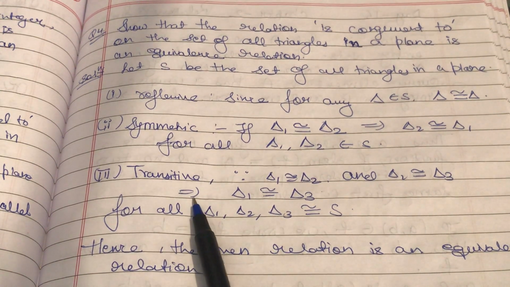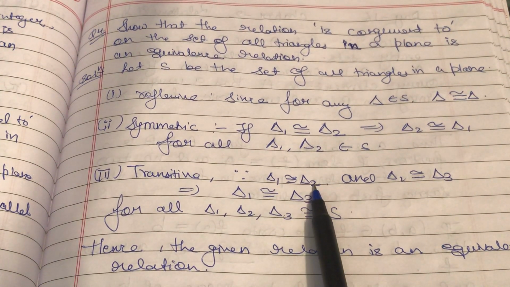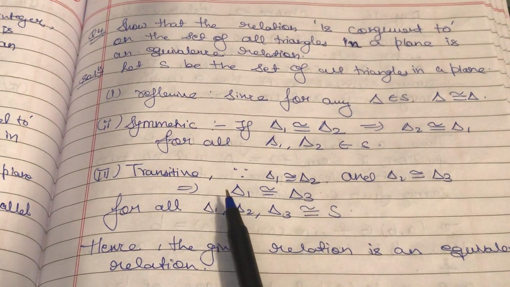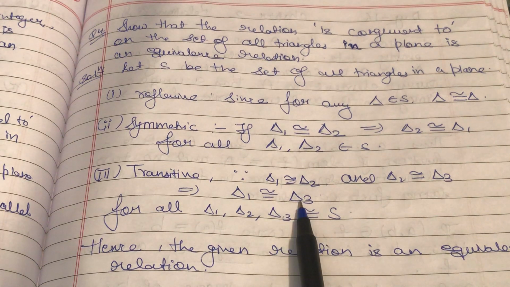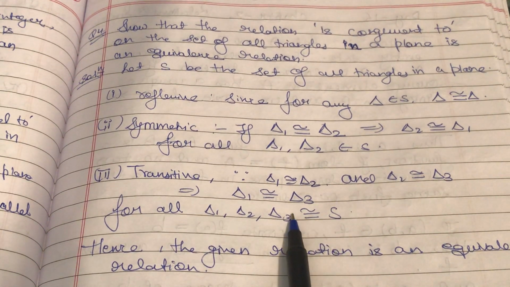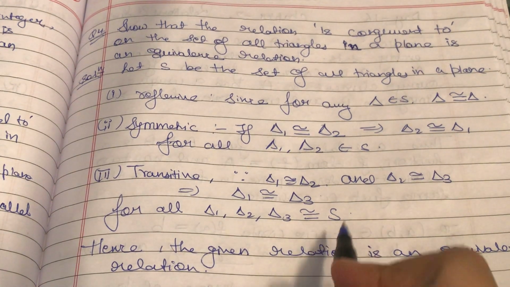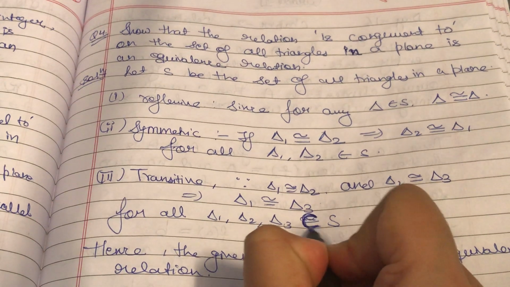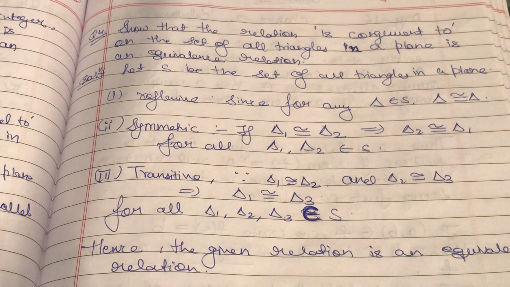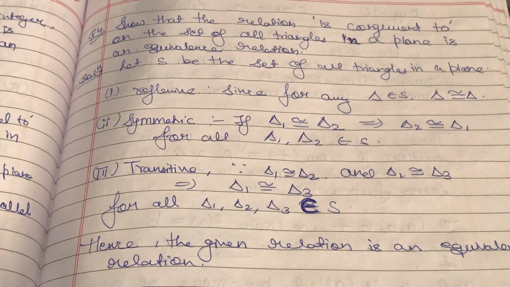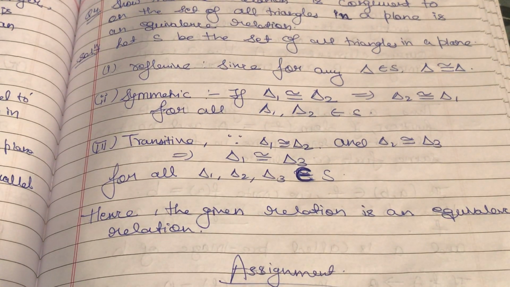And the third one is that if triangle 1 is congruent to triangle 2 and triangle 2 is congruent to triangle 3, then clearly we can say that triangle 1 is also congruent to triangle 3, for all triangles 1, 2, 3 that belong to set S. Therefore it is transitive as well. Hence the given relation is an equivalence relation.